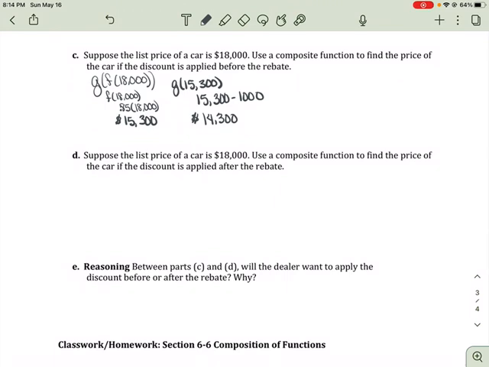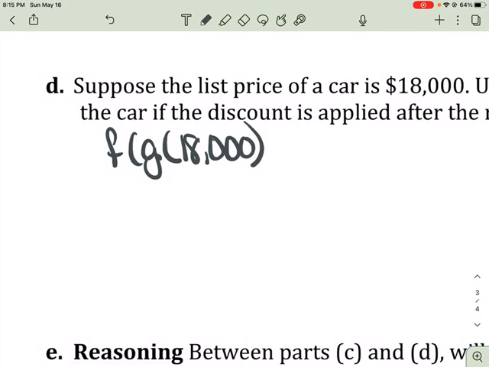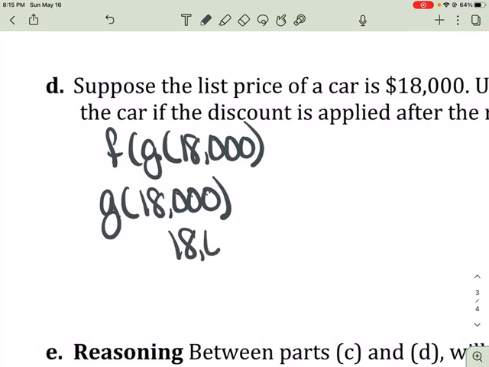All right, so suppose the list price is 18,000. We're going to find the price of the car if the discount is applied, oh, did I mess that up? Yeah, after the rebate. I'm sorry, the rebate comes first. So we're going to find f composed of g of 18,000. Okay, so we're going to find g of 18,000, which is the rebate.